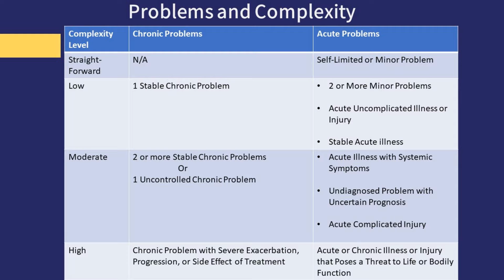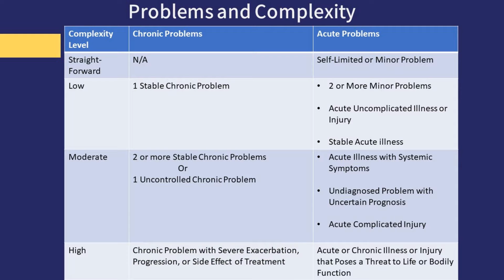First of all, per the guideline, there are no straightforward chronic problems, so the first level we start with is low. Low includes one stable chronic problem. Moderate includes two stable chronic problems or one uncontrolled problem. And high includes a chronic problem with severe exacerbation, progression, or side effect from treatment.